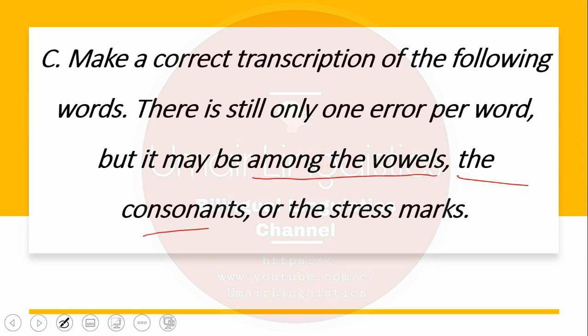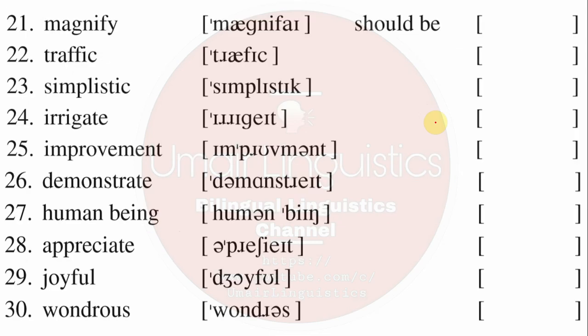In the last exercise, the errors were only in vowels. In the second last exercise, the errors were only in the consonants. But in the exercise which we are going to solve now, the error could be in the vowels, the consonants, or the stress marks, but the error will be only one. So these are the words, and we have to correct them.